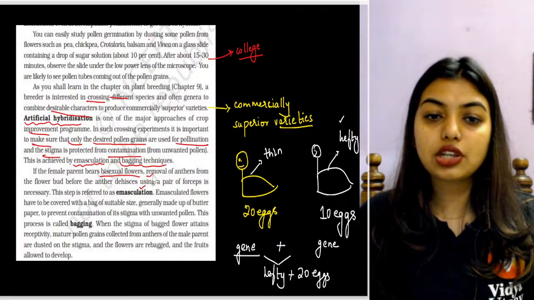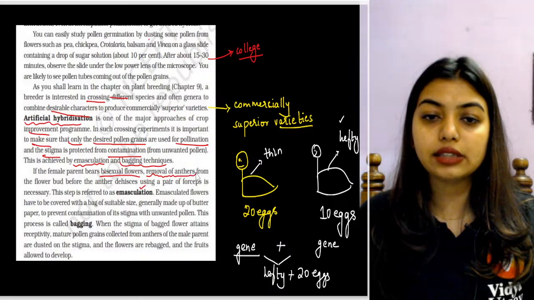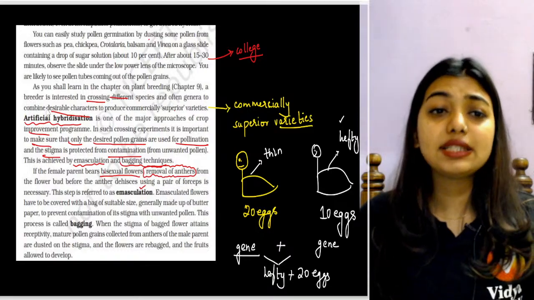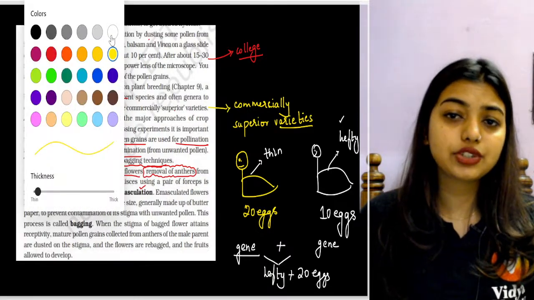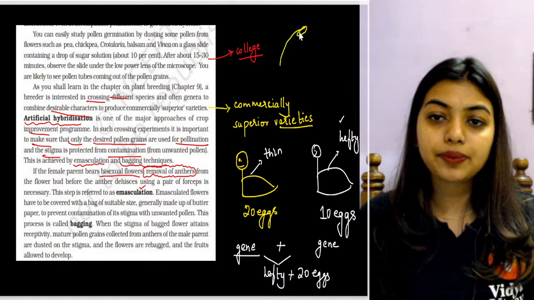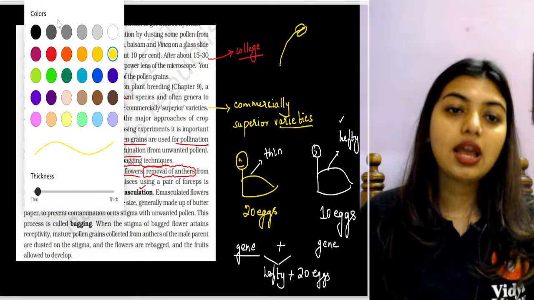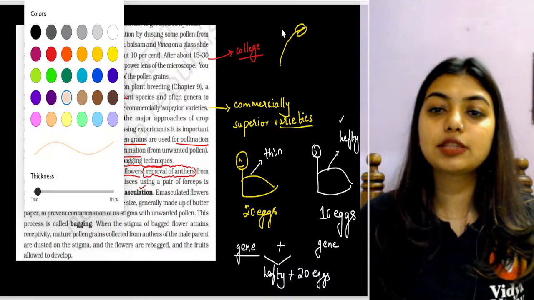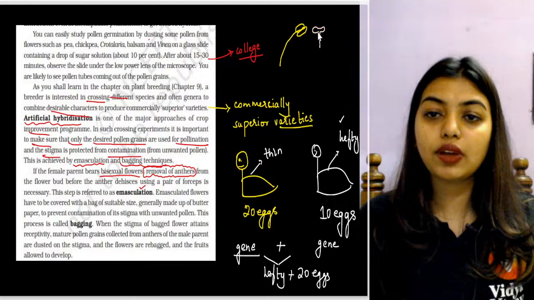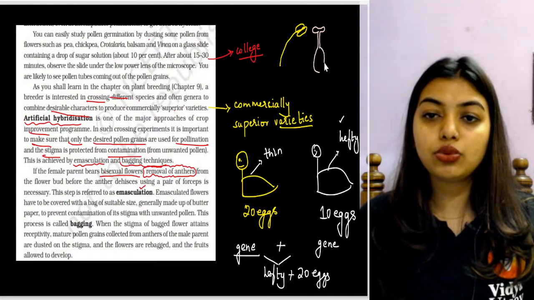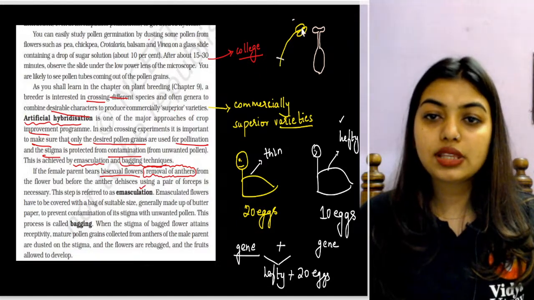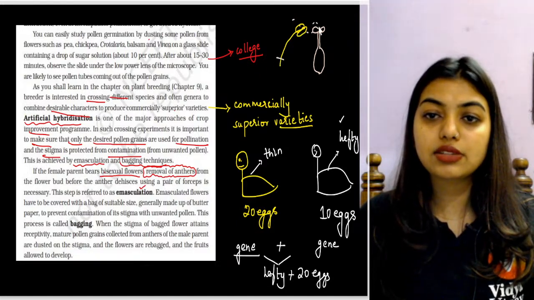So emasculation is what, students? Removal of anther from a bisexual flower. That is, if this flower has both anther and stigma, and there is a high chance of self-pollination, then we have to remove the anther before dehiscence happens, because the pollen grains will land on the stigma.